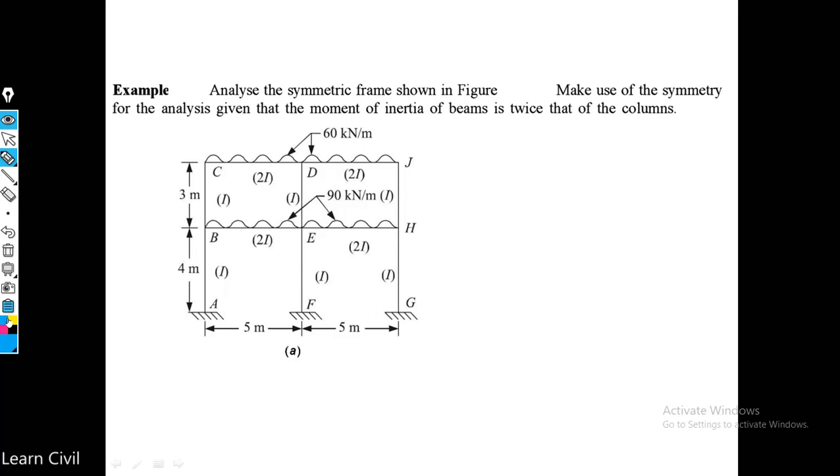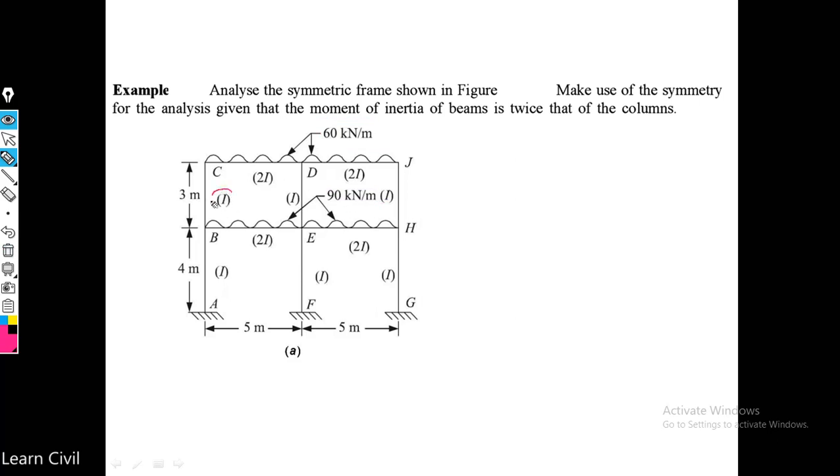For this particular frame, the span CDJ is subjected to a uniformly distributed load of 60 kilonewton per meter throughout. The span BEH is subjected to a uniformly distributed load of 90 kilonewton per meter throughout.